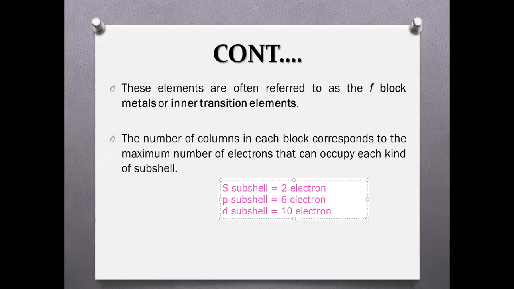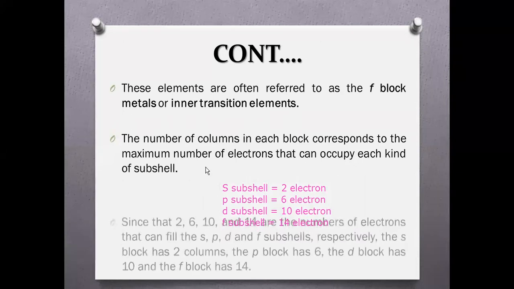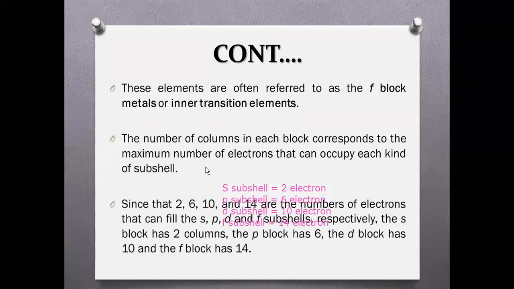And finally go for the F subshell. Yes, that is 14 electrons. So this is what you have to understand. Right. So according to this, we are taking each different one, with an example of this.